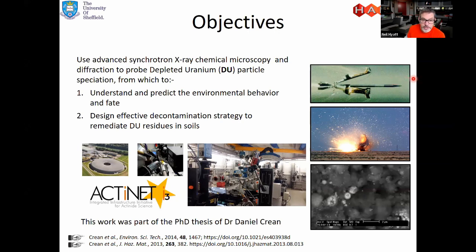As the penetrator, which you can see here just coming out of its sabot, strikes the target, the surface temperature increases rapidly, leading to pyrophoric oxidation of the uranium. This keeps the tip of the penetrator sharp.